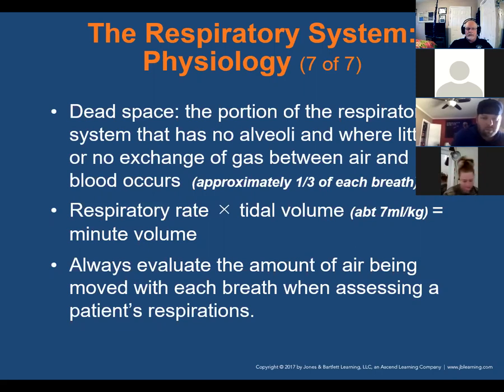And now we got to get minute volume, because that's how we measure the amount of air that a person breathes in 1 minute's time. Well, how can we figure that out? Well, we take their respiratory rate that we count when we're doing respirations, and let's say this 100 kilogram person's respiratory rate is 10 per minute.